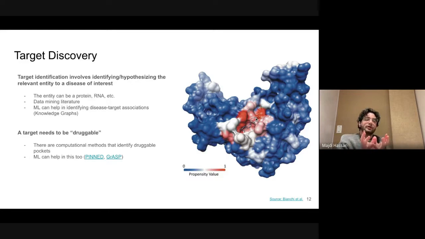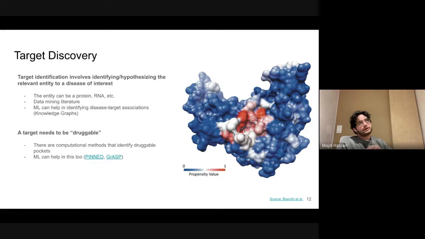These are pockets where compounds could nestle themselves in. If you think of this pocket as a lock, and the compound itself as a key, you're trying to design or discover a key that best fits this lock in order to do the thing that you want to do, for example, open the door.